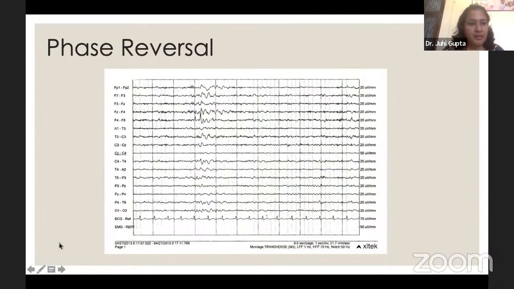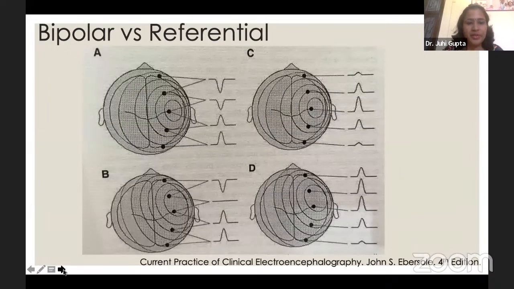This is a typical bipolar montage wherein FP1 is in reference to FP2, F7, F3, and so on. Herein you are trying to see a phase reversal. The phase reversal is at F4, the common electrode is F4, so the localization may be right frontal.